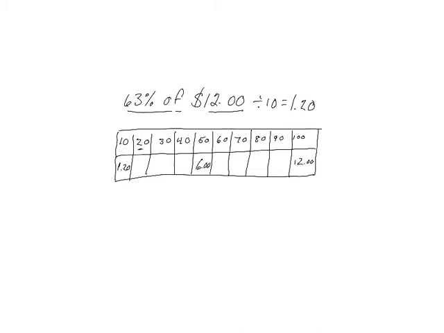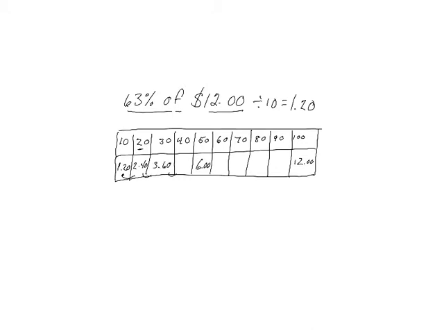Obviously, just as I did in the first part, I'm just going to use the numbers I know to help me work out the numbers that I don't. So for example, I'm looking at 20 now here. I can just get the answer for this box by saying, what is 2 times $1.20? Well, it's going to be $2.40. Another way you could do it is for the 30% column, I could just say 240 plus 120 is going to give me 360.